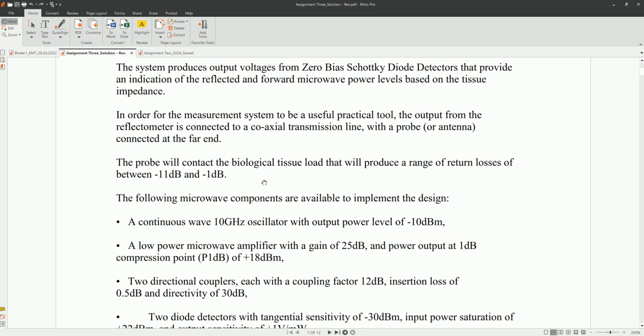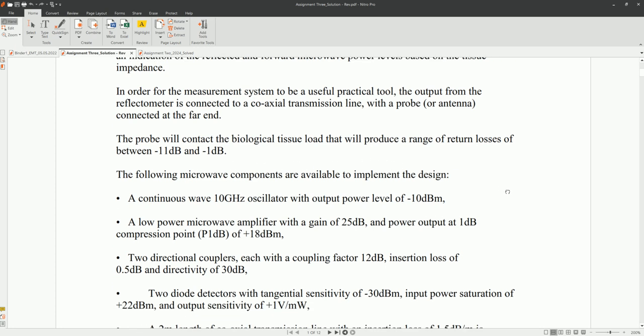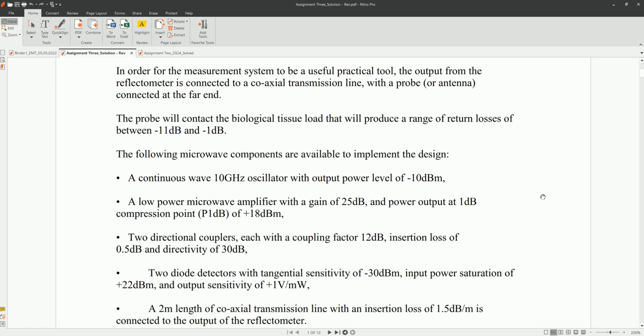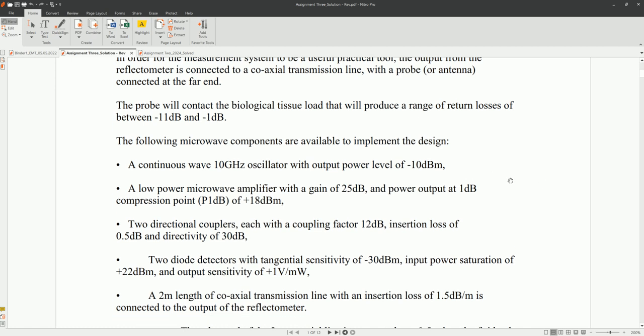The following microwave components are available to implement the design: a continuous wave 10 GHz oscillator with an output power level of -10 dBm, a low power microwave amplifier with a gain of 25 dB and power output at 1 dB compression point P1dB of plus 18 dBm.